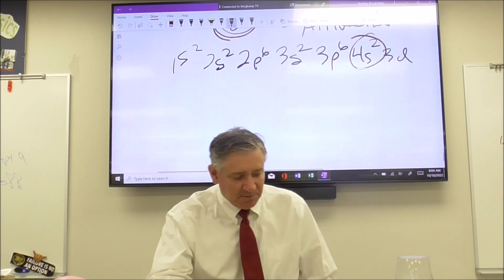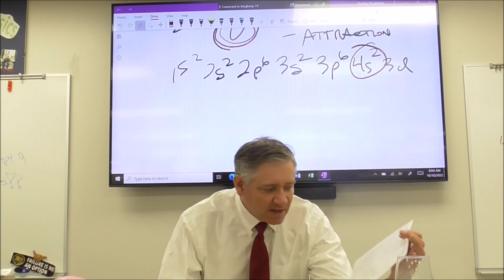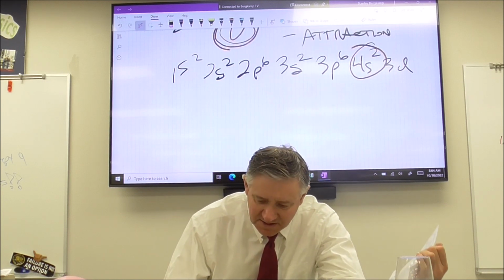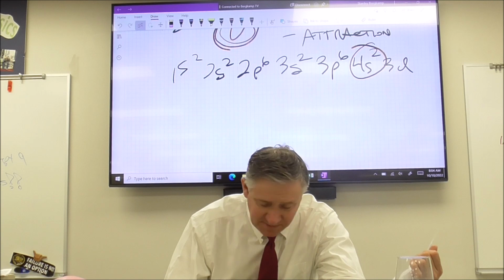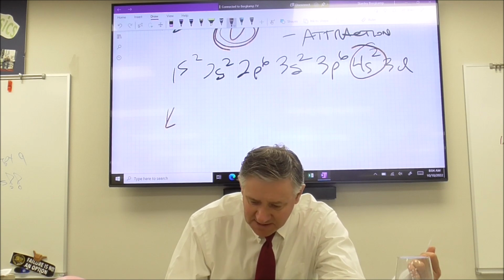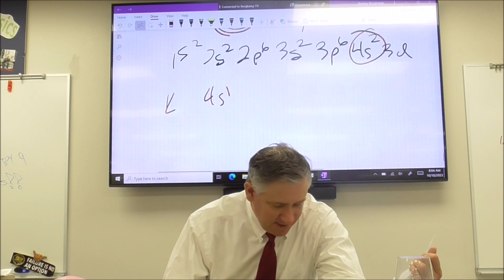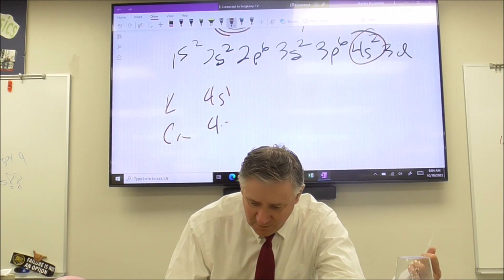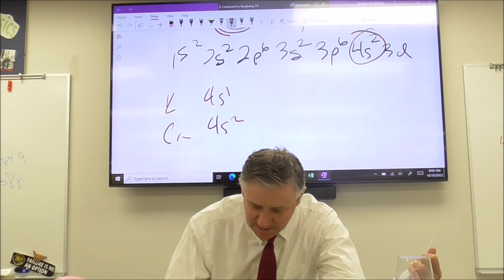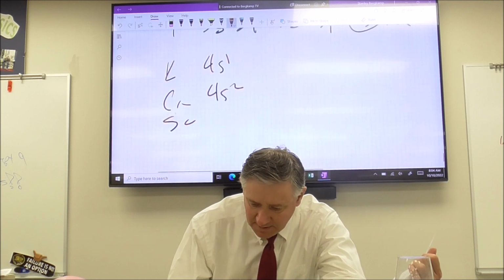let's talk about the D sublevels. So, if you go across, let's start with potassium. Okay, potassium, 4s1, and then you've got calcium, 4s2, and then you've got scandium, which is 4s2, and then you start to fill 3d1.